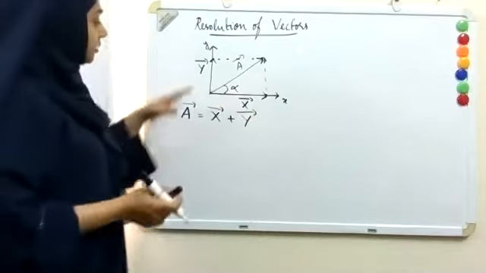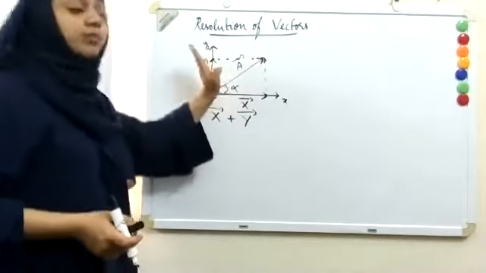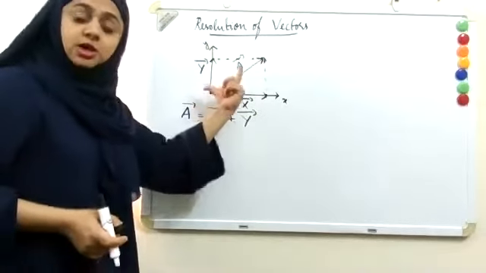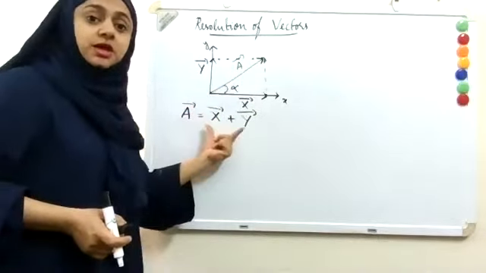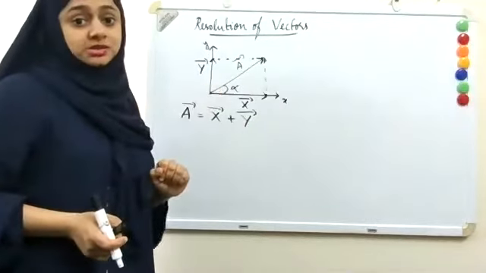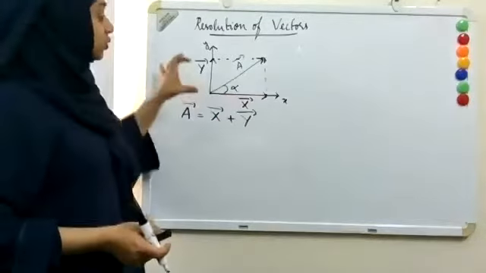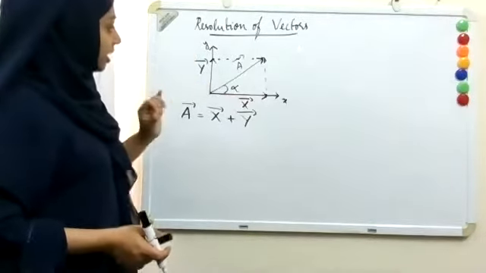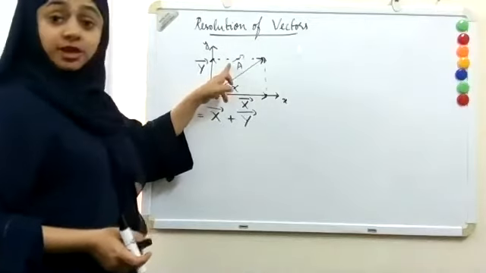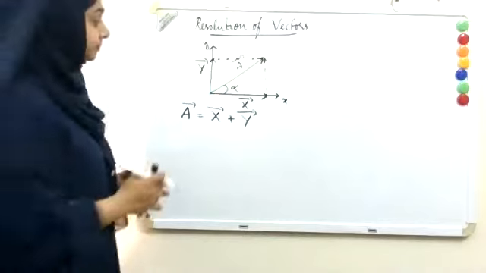This is what we call that vector A is resolved into two perpendicular directions. Here one vector is represented as the sum of other two vectors which are perpendicular to each other. Now let us see what will be the magnitude of x and what will be the magnitude of y in terms of the magnitude of vector A and the angle alpha.